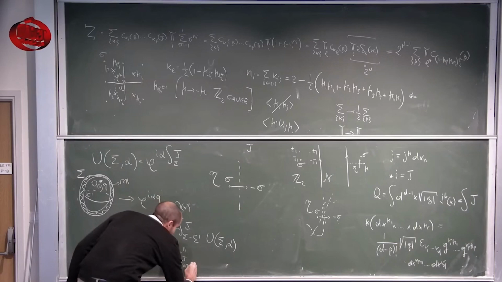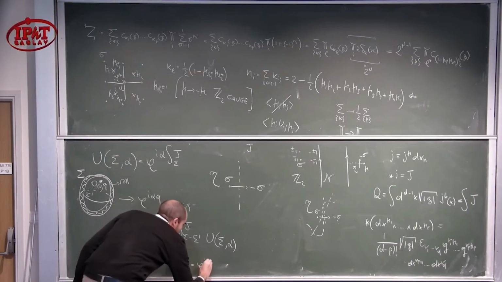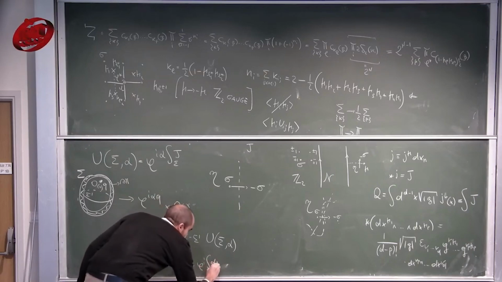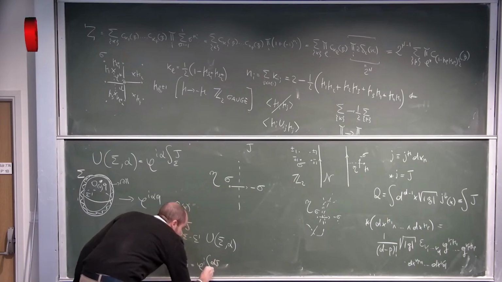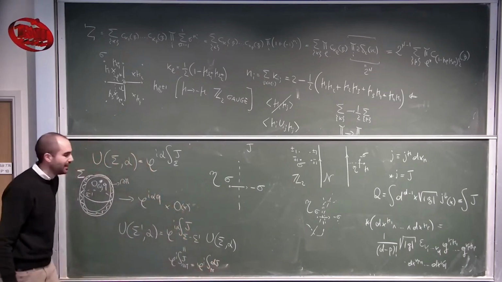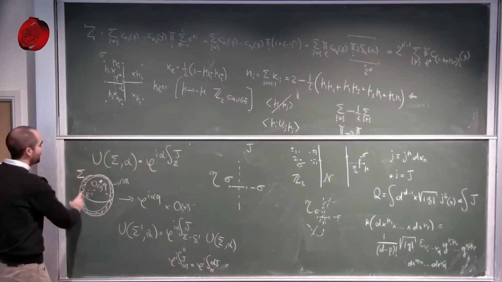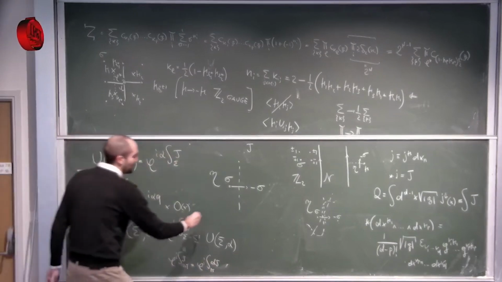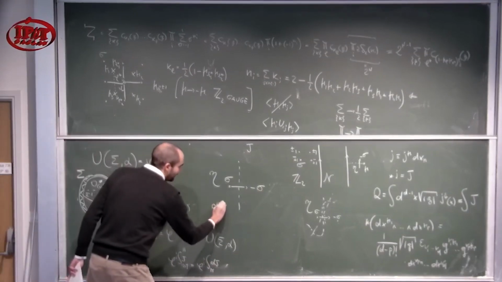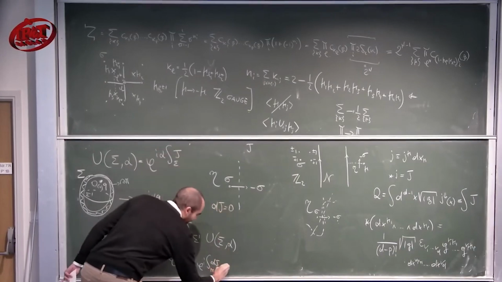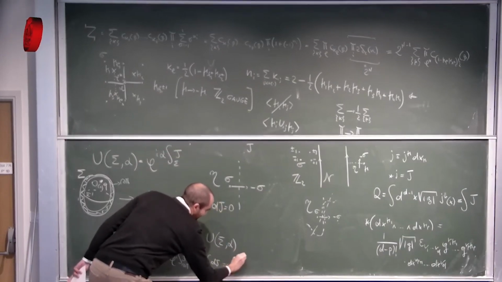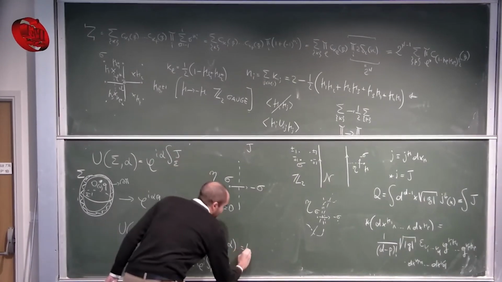And then now I can use Stokes' theorem to say that this is equal to the derivative over the region. And since this is a conserved current, inside of M there are no charged operators, the conservation of the current in this language is just this. So this becomes 1, and these two operators are the same.